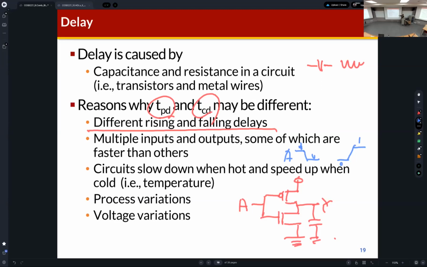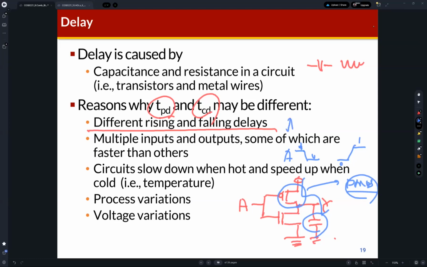Because it's an inverter circuit, this PMOS transistor is activated, it's turned on, then electric charge is stored in this capacitor, and this behavior is determined by the PMOS transistor, right?